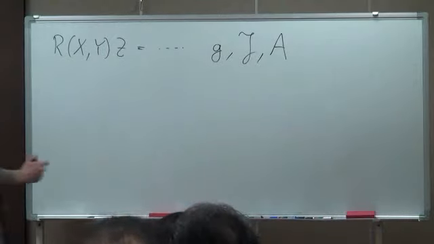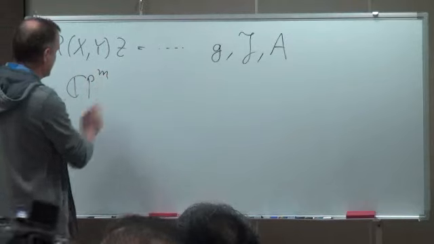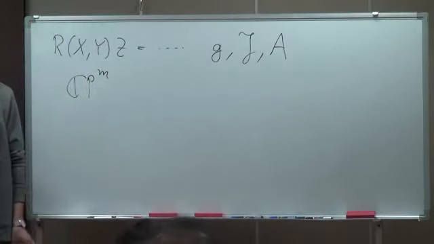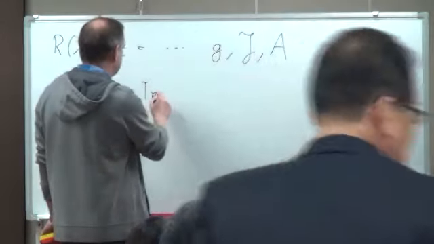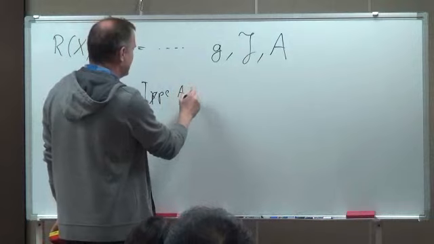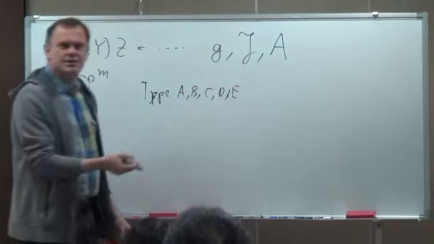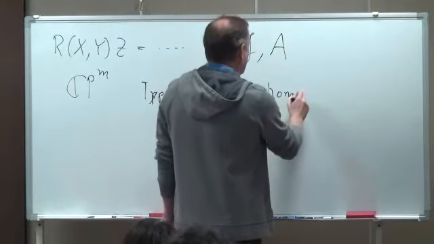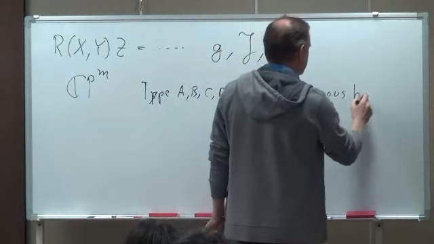So, for example, this is well known here, in complex projective space CP^m, we have certain model spaces and hypersurfaces. Perhaps that's best known here, the types A, B, C, D, E, and these are just the homogeneous hypersurfaces.